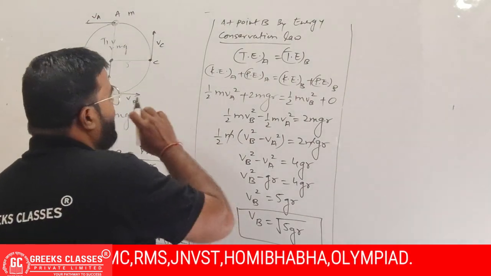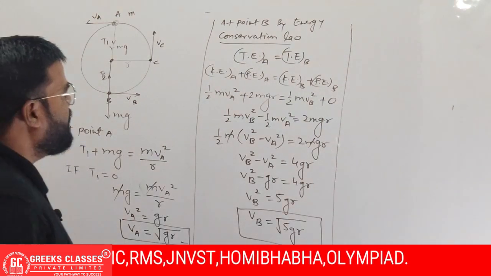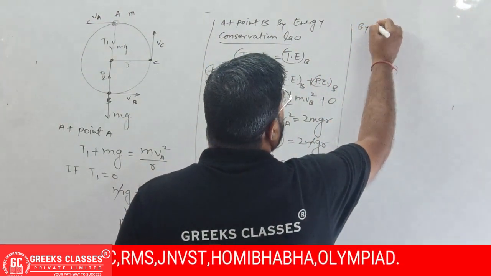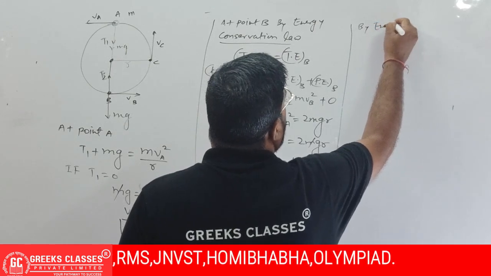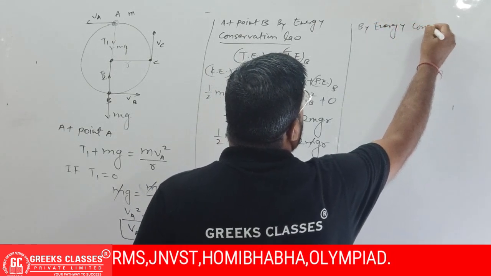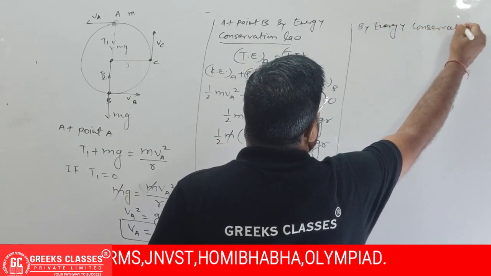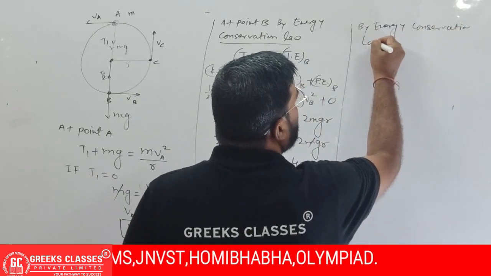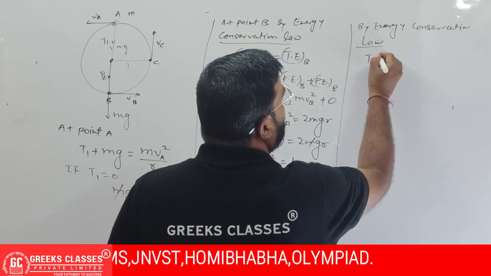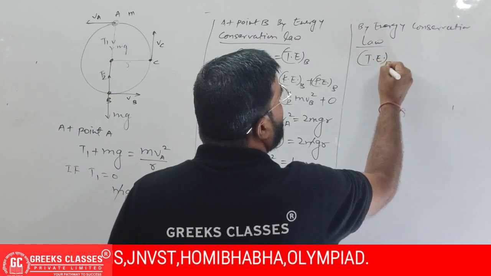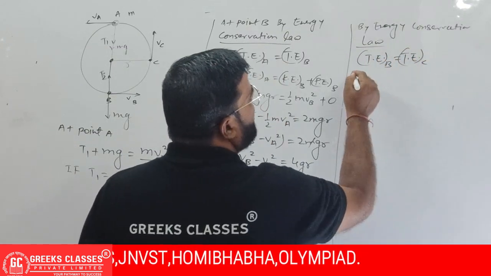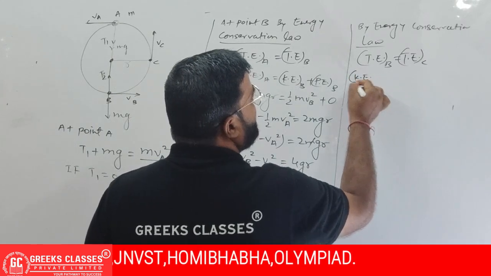So again, we can apply the energy conservation law. By energy conservation law, total energy at B must be equal to total energy at C. Now what is total energy at B?